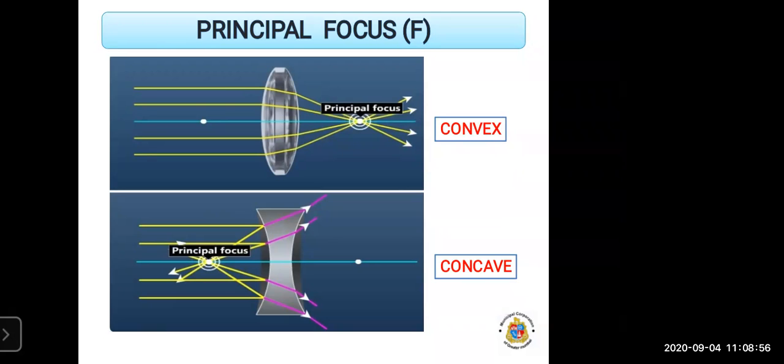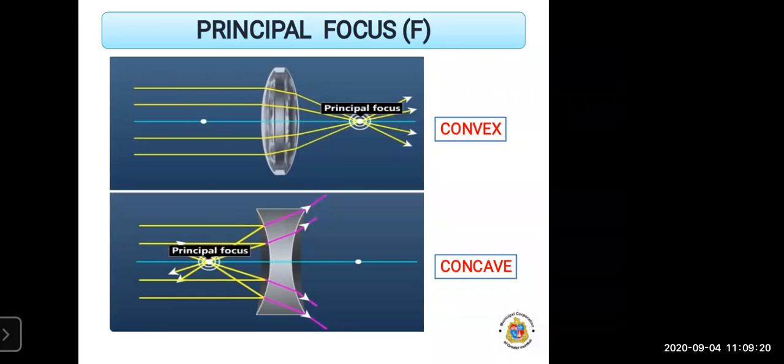Refraction is there, but all the refracted rays get scattered, get diverged like a torch. Okay, a torch is the best example of a concave lens.